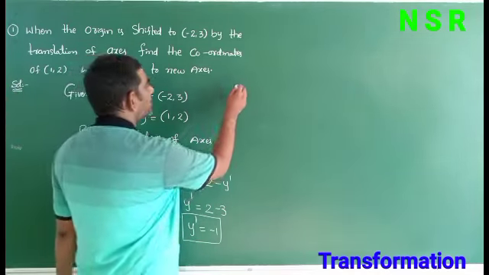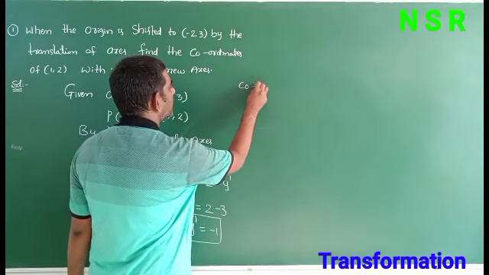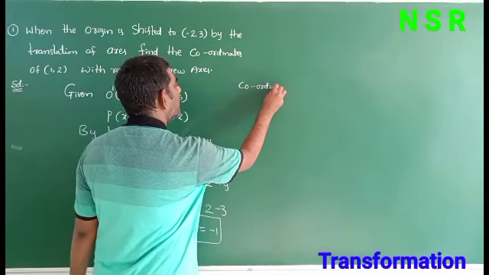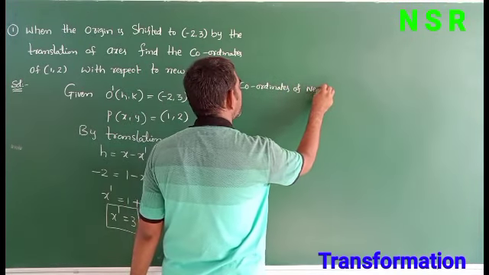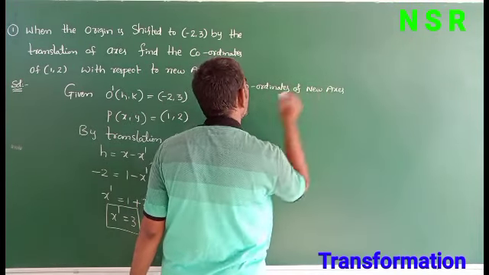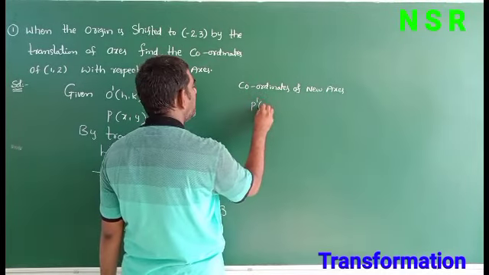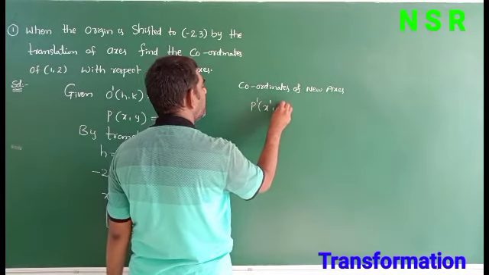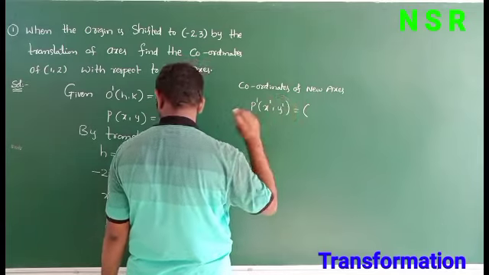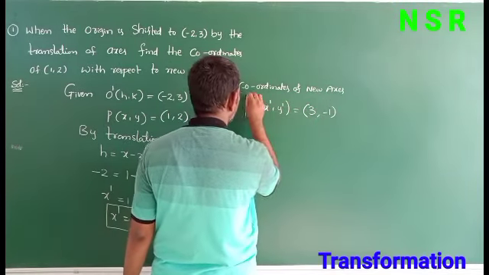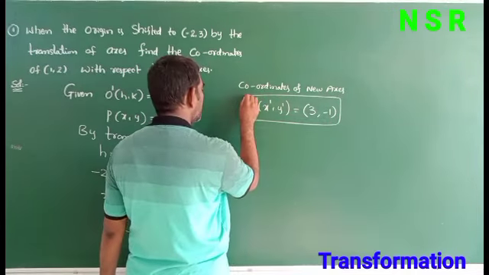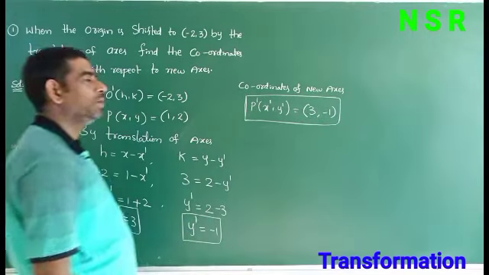So the coordinates of the new axis, that is P dash x dash comma y dash, equal to, so x dash value 3, y dash value minus 1. So these are the coordinates of the new axis.